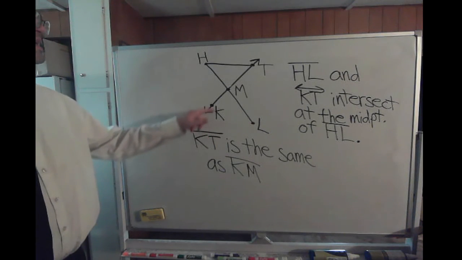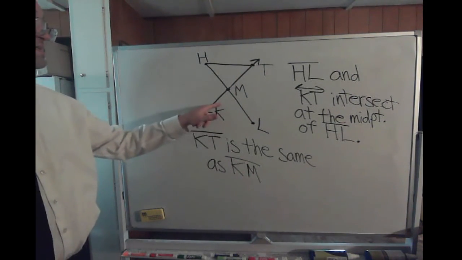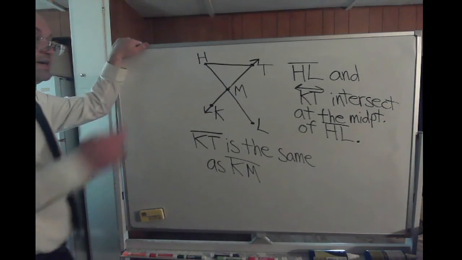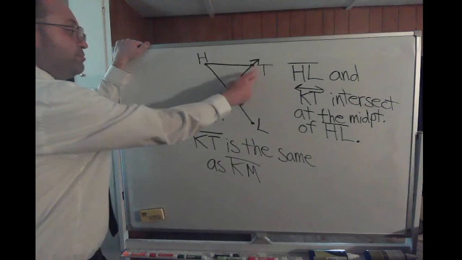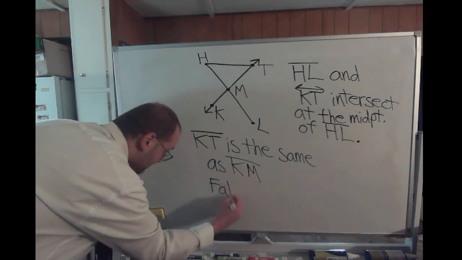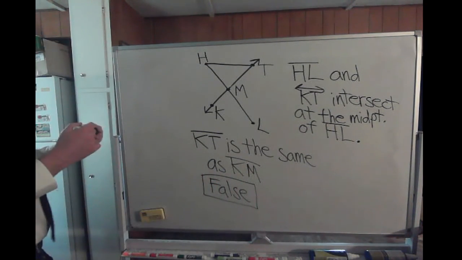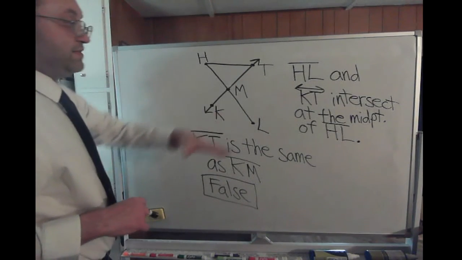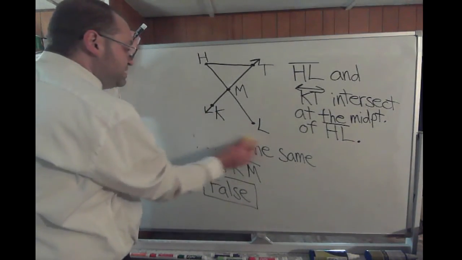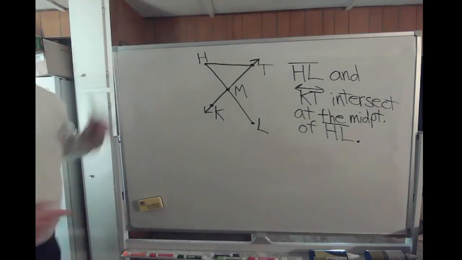It's saying that the line segment KT starting at K ending at T is the same as line segment KM starting at K ending at M. Clearly not, because M is between points K and T. Clearly this is a false statement. In order for the segments to be equal, they would have to have equal length, which we may not know the length of those segments, but very clearly they're not the same if M is between the whole thing. So that one's blatantly obvious.